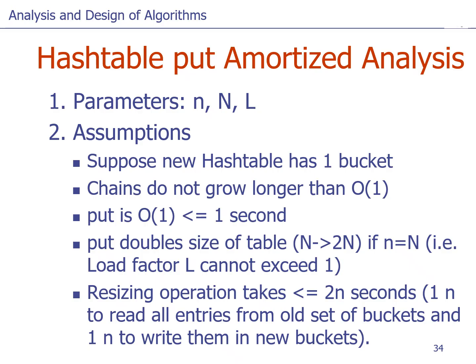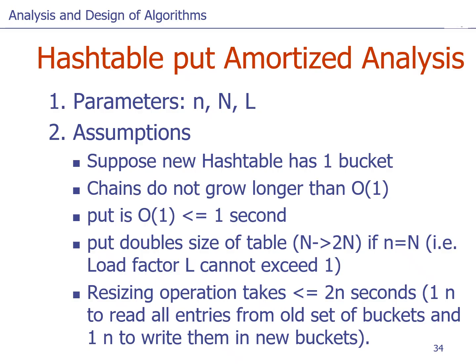And I will also assume that the put will take, in terms of the hashing function execution, less than 1 second or less than 1 unit of time, just so that my computation is as simple as I can make it.